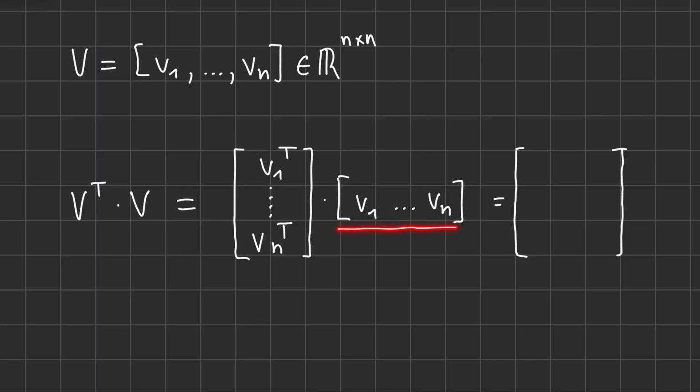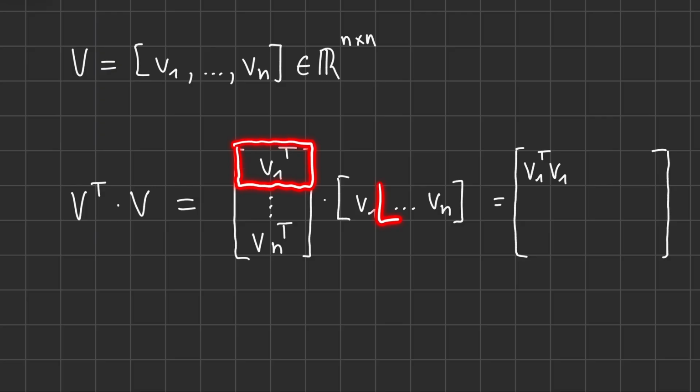Multiplying it with the matrix itself, we get in the first row, first column, the product between the first row of the first matrix and the first column of the second matrix. So we get the product v1 transposed times v1. Now when we multiply this first row with the second column, which would be v2, we get v1 transposed times v2.